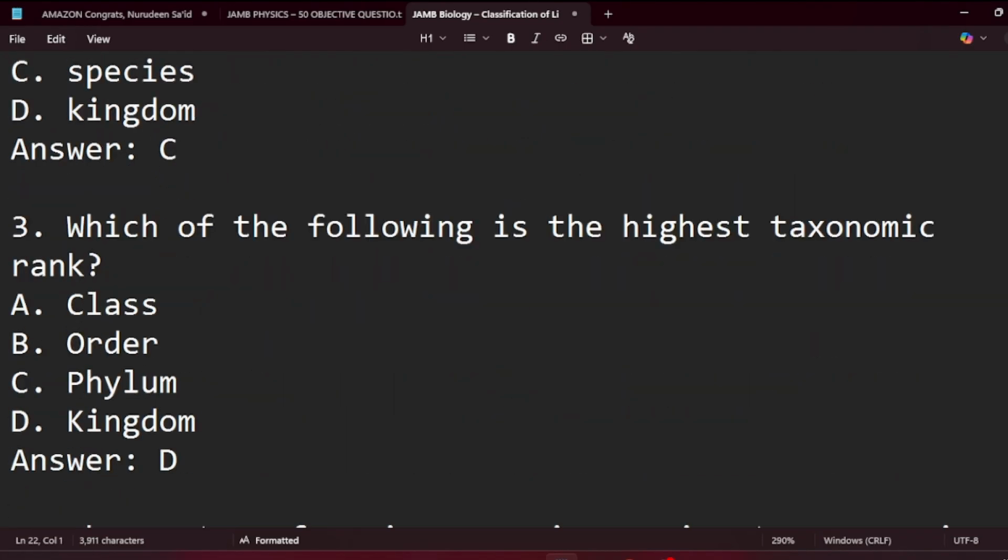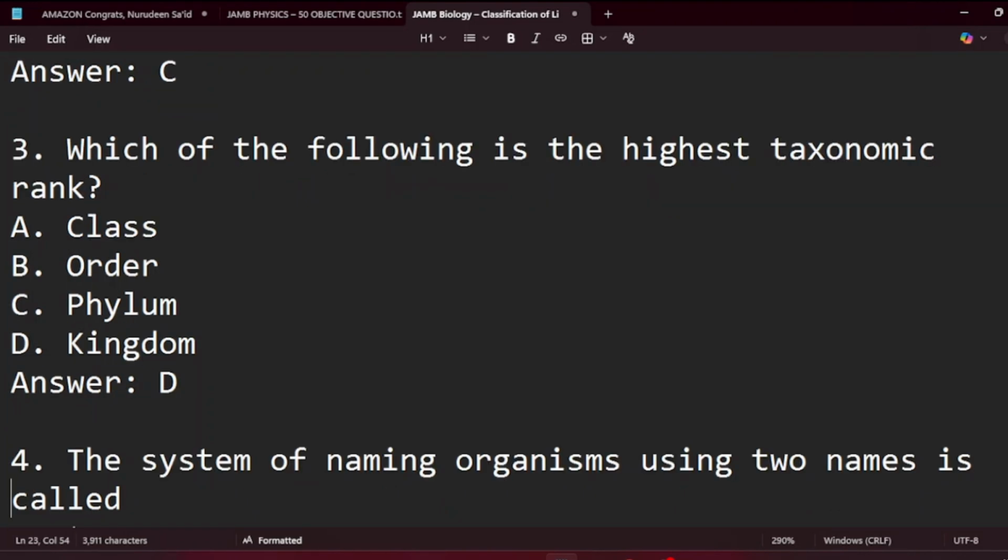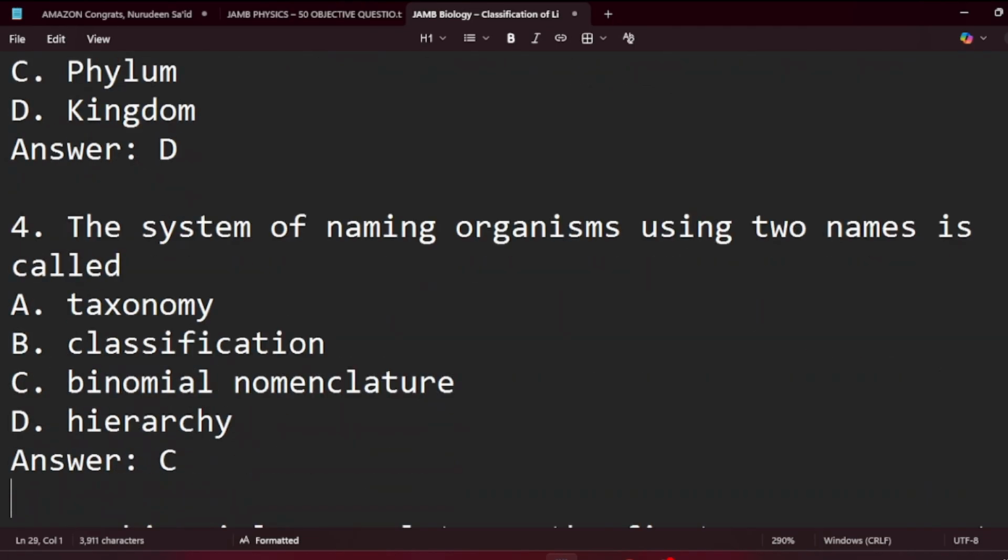Question number 3. Which of the following is the highest taxonomic rank? A, class, B, order, C, phylum, D, kingdom. The answer is kingdom, which is D. Question number 4. The system of naming organisms using two names is called A, taxonomy, B, classification, C, binomial nomenclature, D, hierarchy.